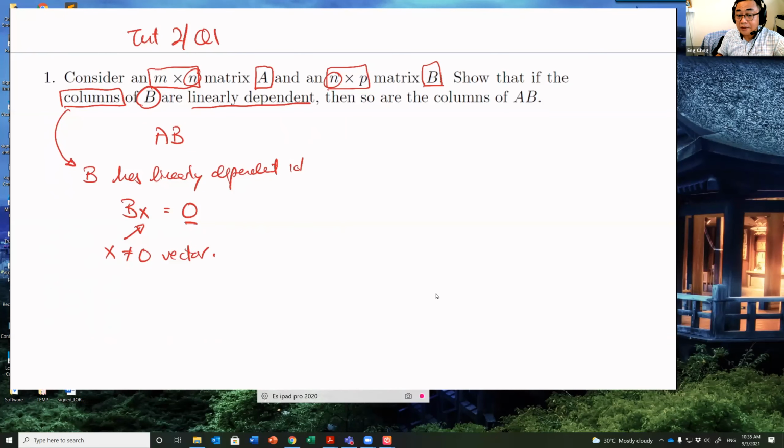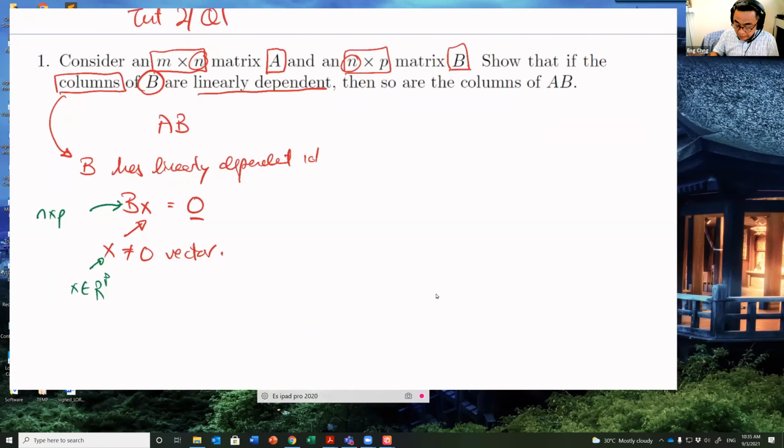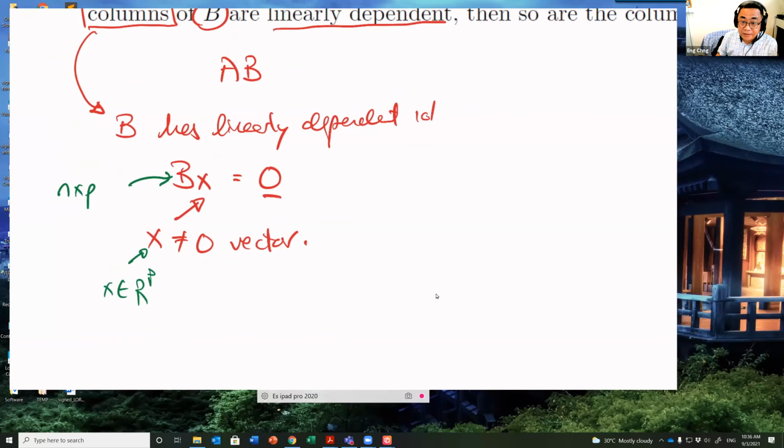Now, let's get some notation correct first. The size of B is n by p. Therefore, the size of x is R^p. It has p elements in the vector x.